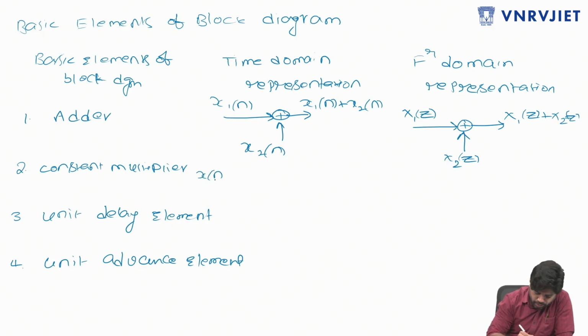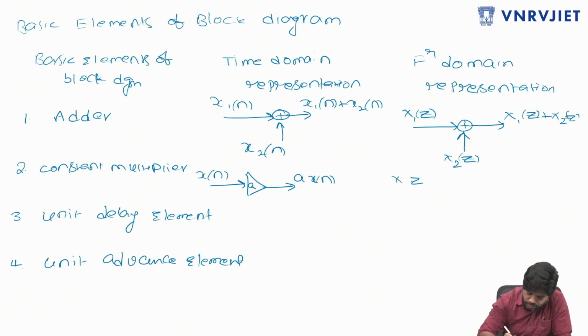Let us say x of n is the input signal and the constant multiplier is a, and the output in the time domain representation will be a into x of n. Similarly, here the signal will be x of z and the constant multiplier will be taken as a, and the output in the frequency domain representation will be a into x of z.